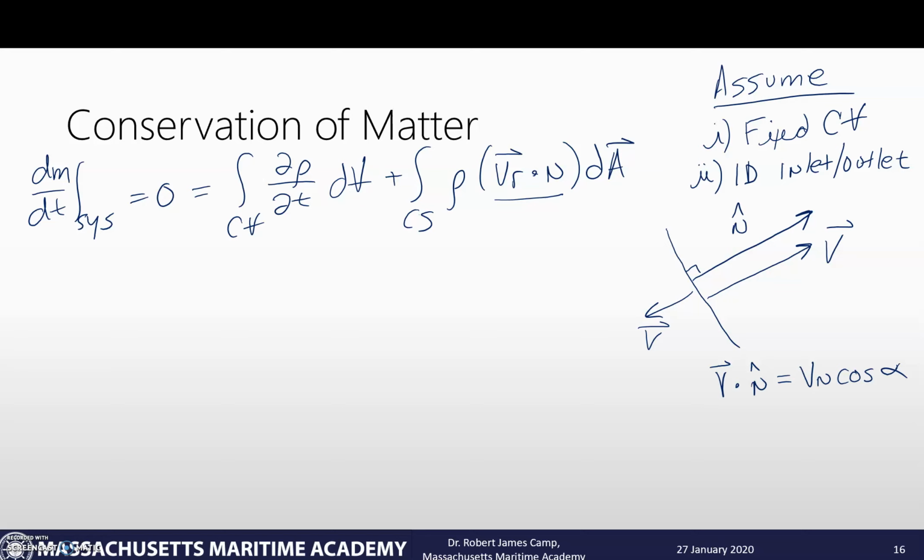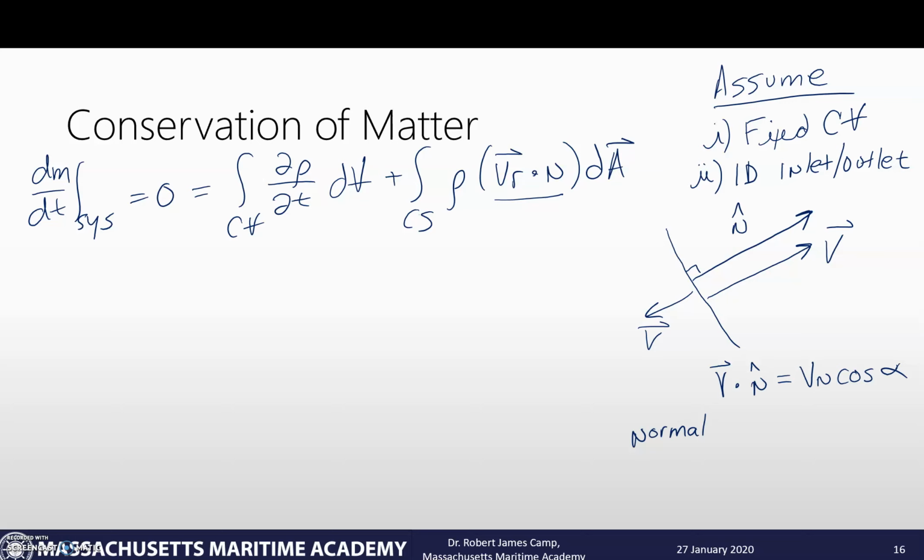So basically anything that was exiting, so if we had a normal exit, the v dot the normal would end up being what? Well, it's just going to be plus v. And so that's a normal outlet. So if I have a normal inlet, and I'm not talking about normal as in regular, I'm talking about normal as in 90 degrees from the control surface. So my normal inlet would end up being negative v.